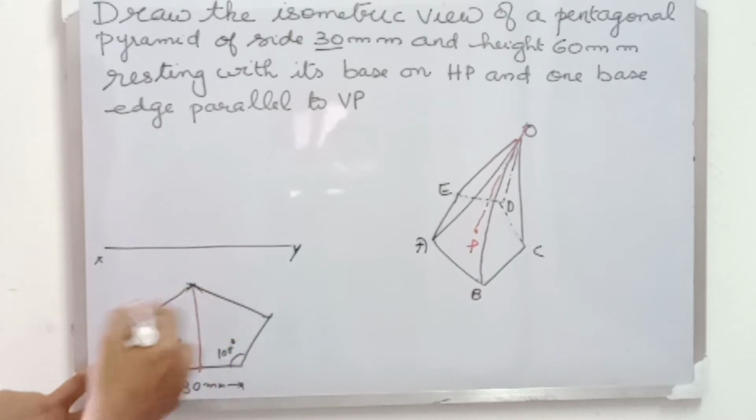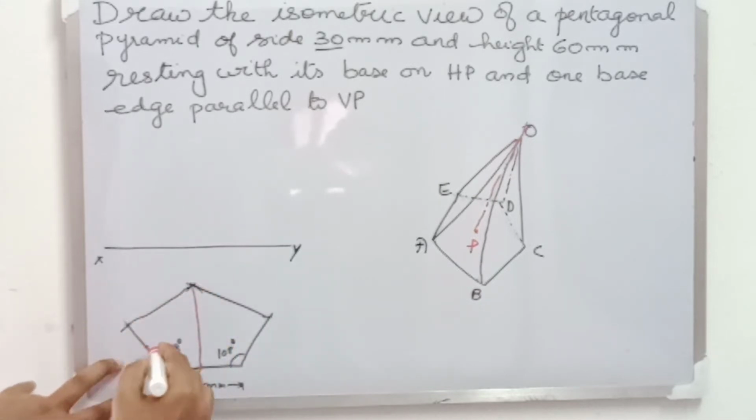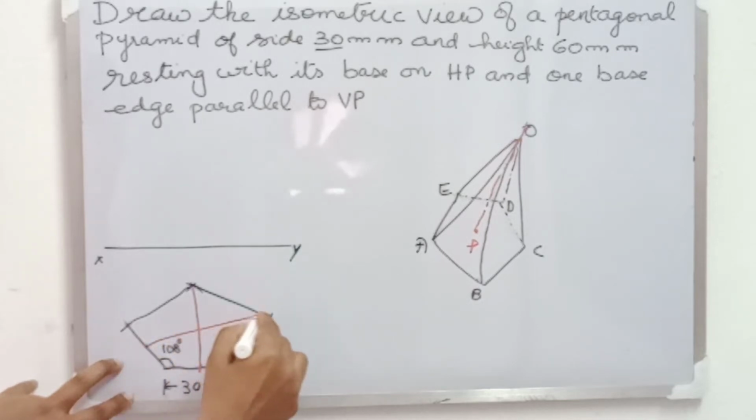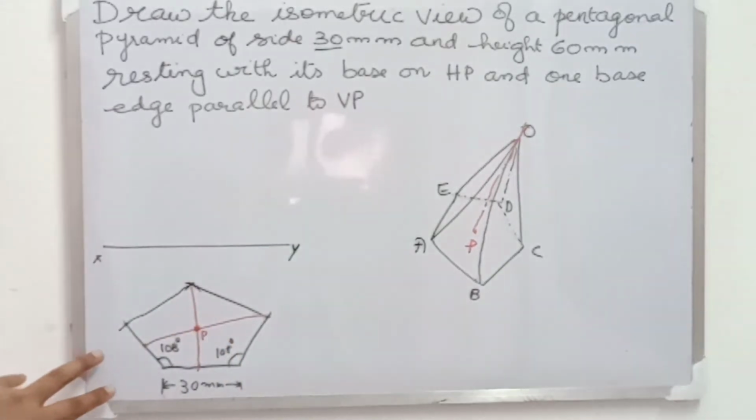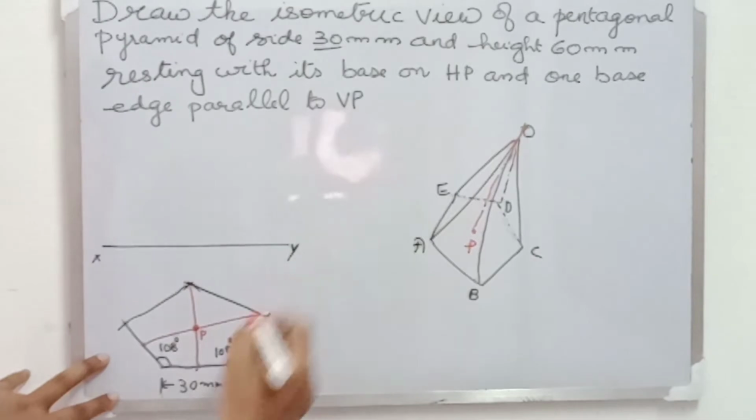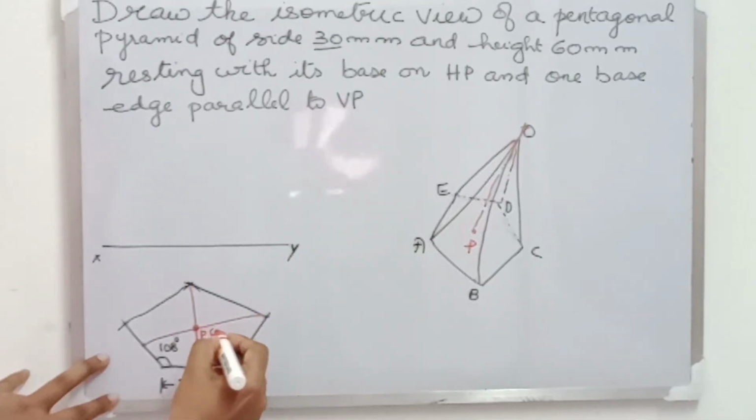Again select any other edge and mark its midpoint and draw a line to the opposite corner of that line. The meeting point will give you the center of the pentagon and let us mark it as P.